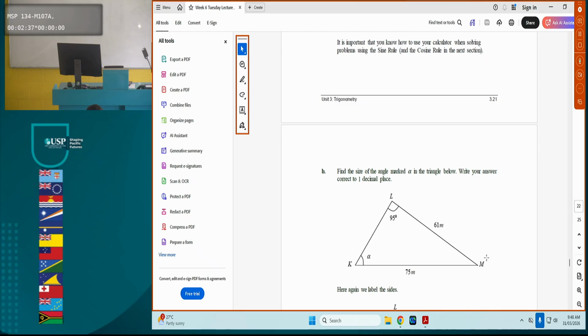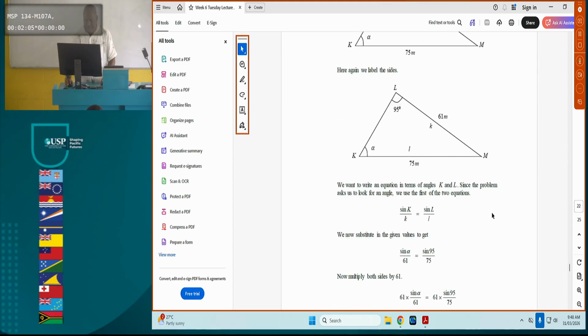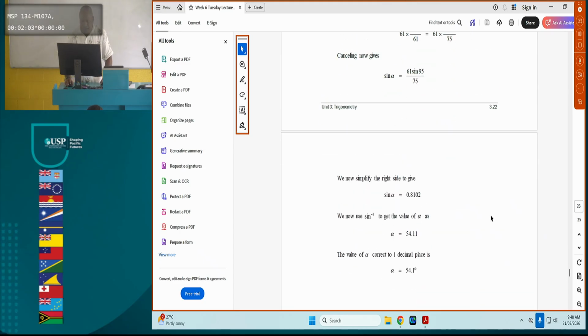I think it's 0 point something, to three decimal places. So alpha is sine inverse, which gives 54.11.